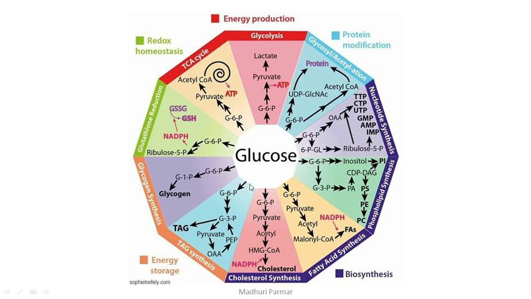So this glucose can get converted into N-acetyl glucose, and then N-acetyl glucose can be used to glycosylate the protein. This glucose, by glycolysis, can give you acetyl-CoA, and this acetyl-CoA can be used for acetylation of the protein. So these are just protein modifications from the normal structure of protein.